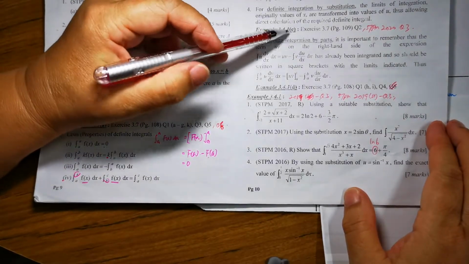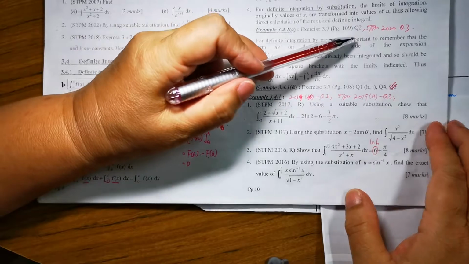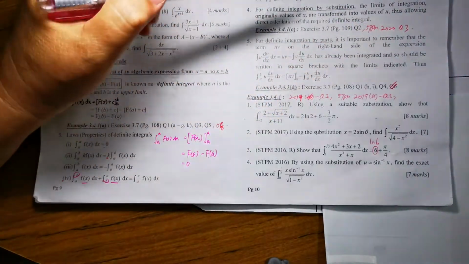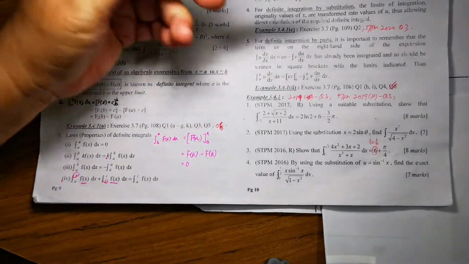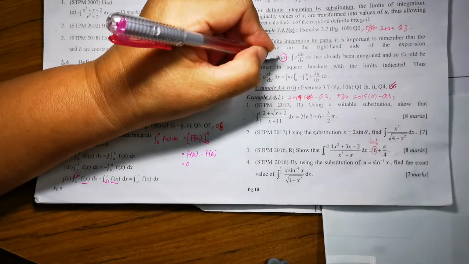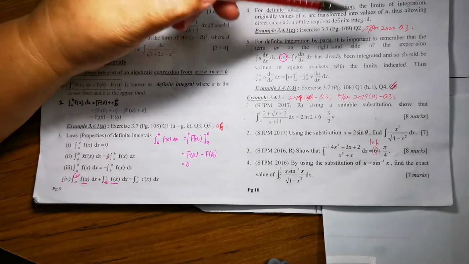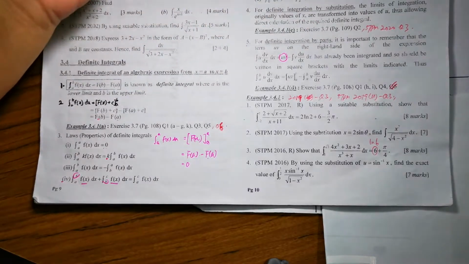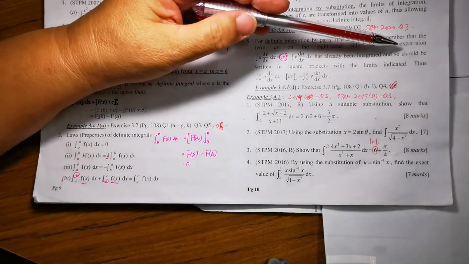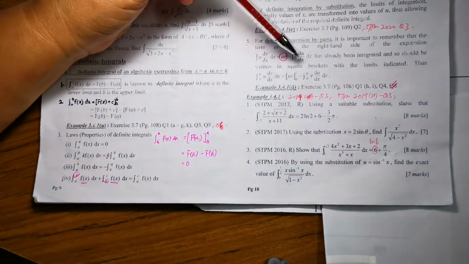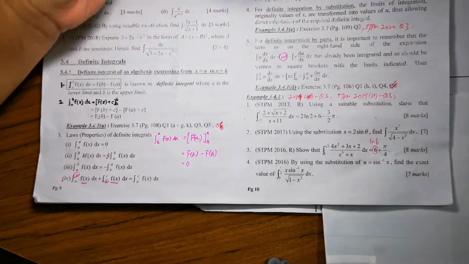So for definite integration by parts, it is important to remember that the terms uv on the right hand side of the formula, this one, the terms uv here, has already been integrated. As I told you before, right? Every time we just copy because it's done, alright? And so it should be written in the square brackets with the limits indicated like this.